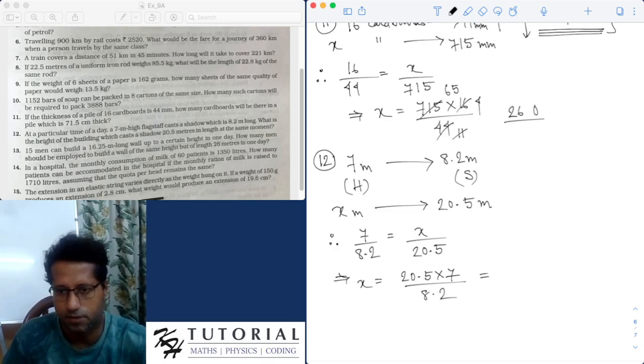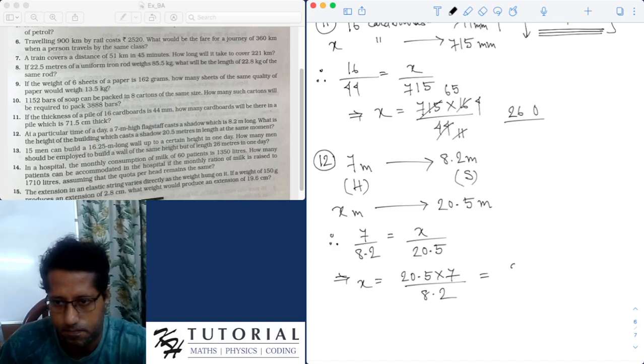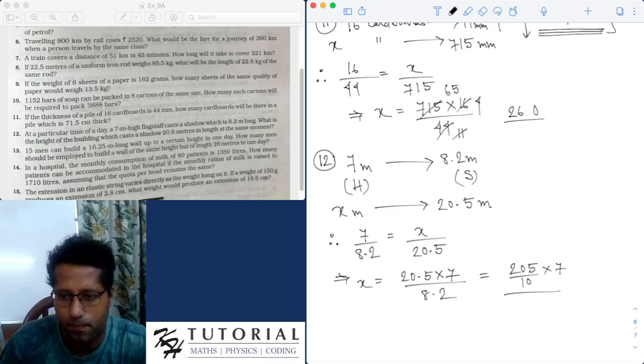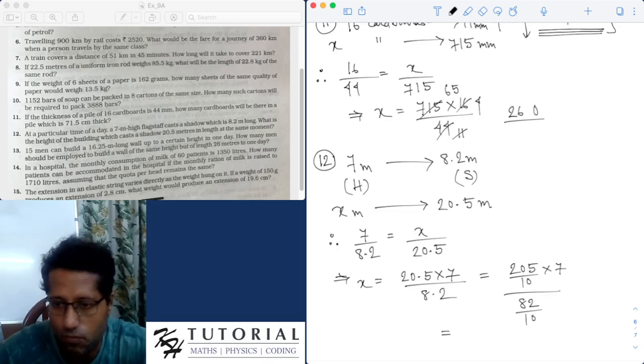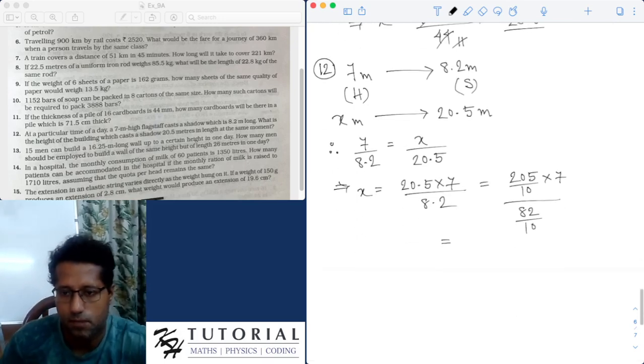If you convert the decimals to fractions, it will become 205 by 10 multiplied by 7 divided by 82 by 10. This equals 205 multiplied by 7 divided by 82.